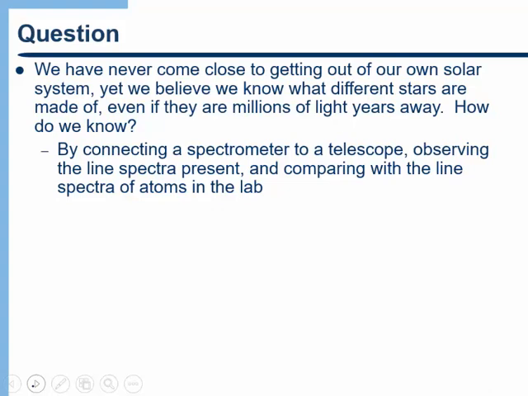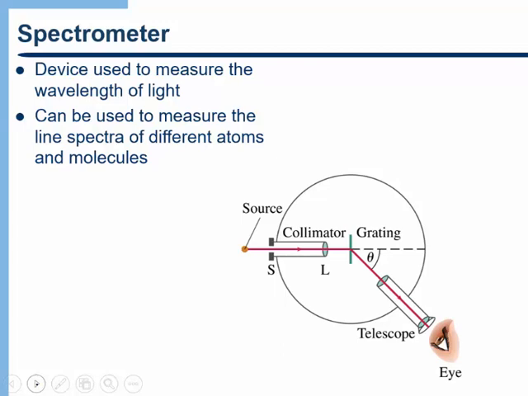But let's talk about what a spectrometer is. Here's a simple picture of a spectrometer. So we've got some light source here, and again, that could actually be many millions of light years away, and that light could be coming through a telescope. But the idea is that we take light and we shine it on what's called a diffraction grating. Now, actually in a spectrometer, this could either be a prism or a diffraction grating.